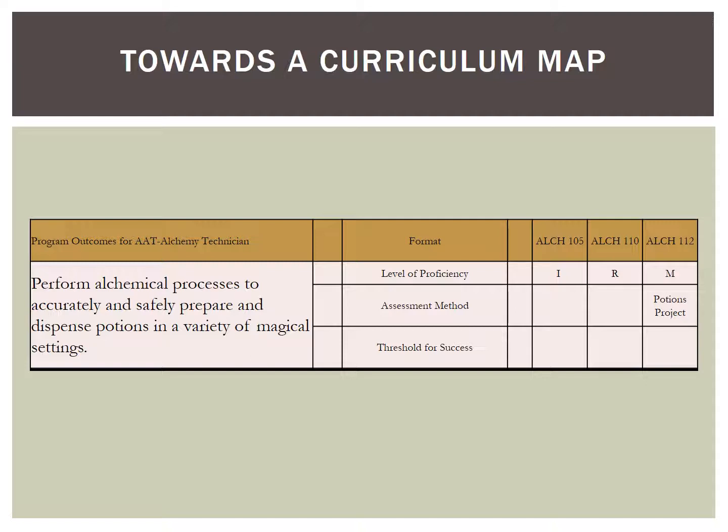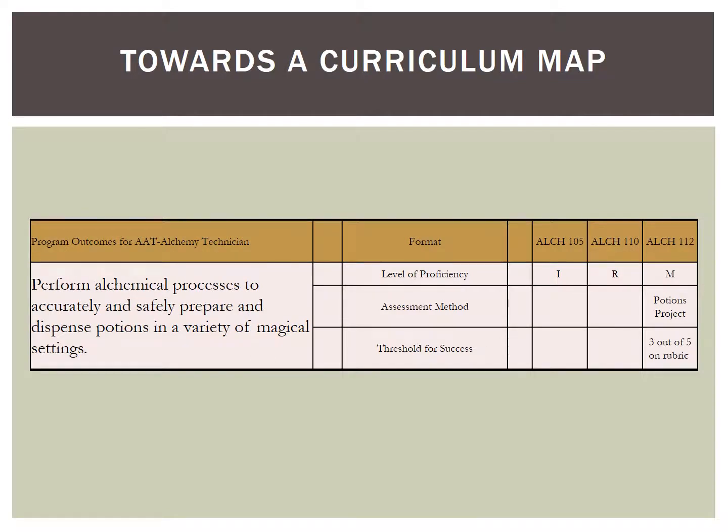If so, what score would a student have to get on the rubric in order to consider him as meeting the outcome? Are there specific test questions aligned with this outcome on your final? Which questions must the student answer correctly for you to consider her as meeting the outcome? So in this case, let's say we've got a rubric, and a student that scores 3 out of 5 on that rubric is determined to have met this particular outcome for the alchemy program.